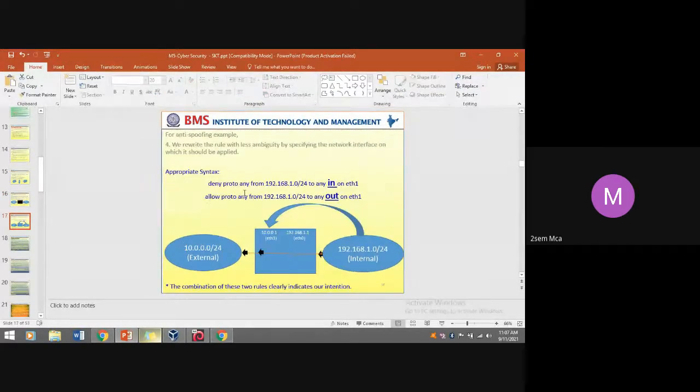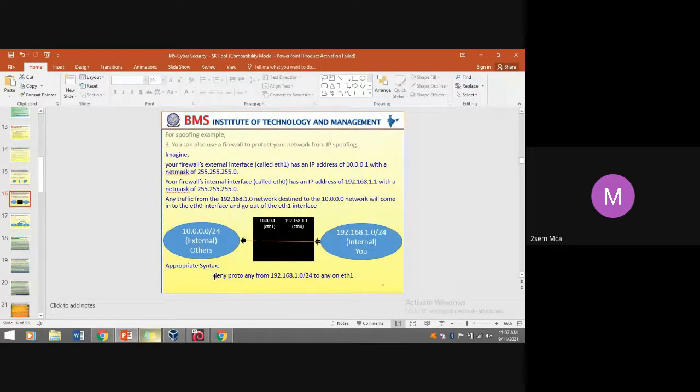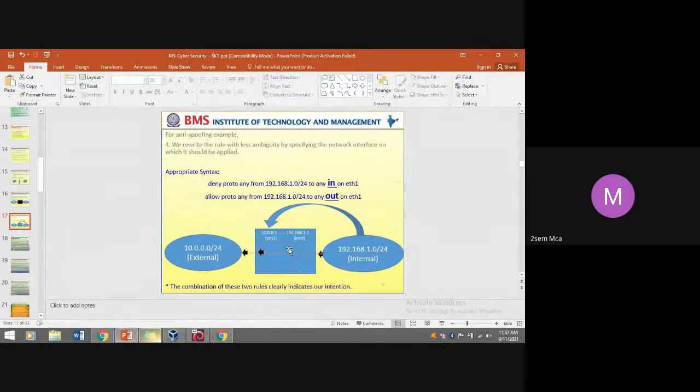Here, we rewrite the rule with less ambiguity by specifying the network interface on which it should be applied. So you are providing clarity to prevent IP spoofing attacks by redefining the rule for the firewall.